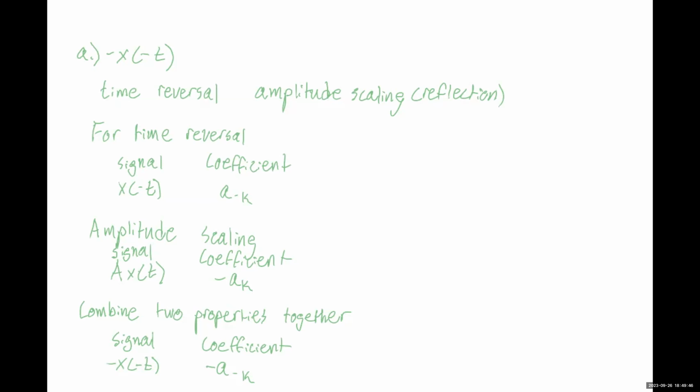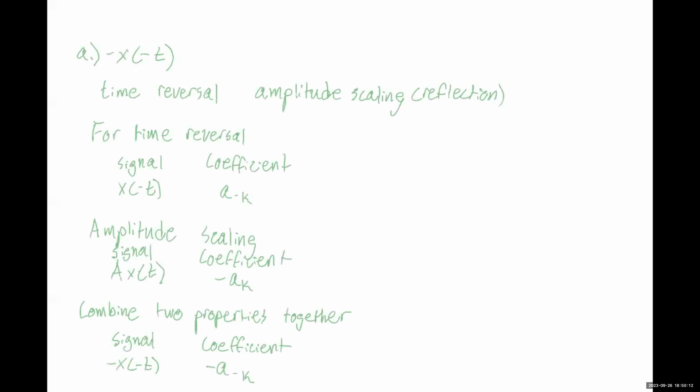So now we know how to find our coefficient. We need to plug in our values of k. So we're going to plug in k equal to -6, 0, and 2. And we know from the previous section that our new a coefficient is going to be equal to -a of -k.